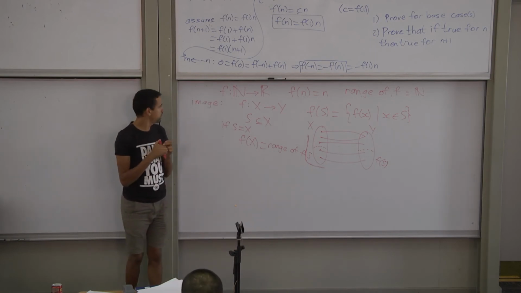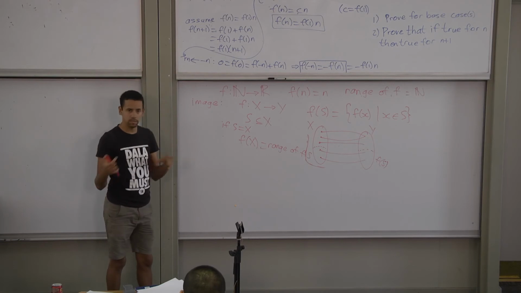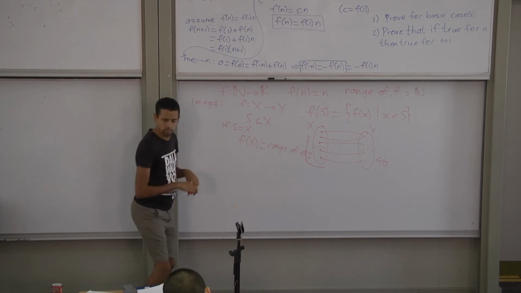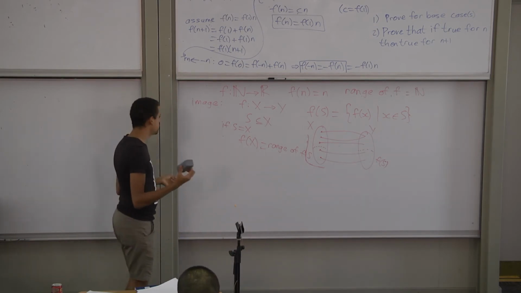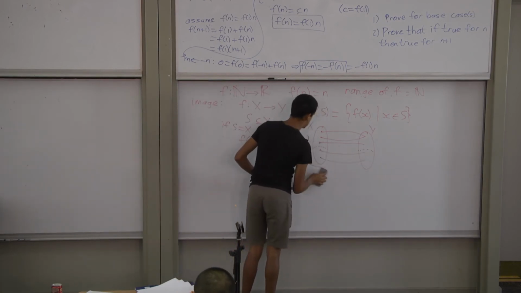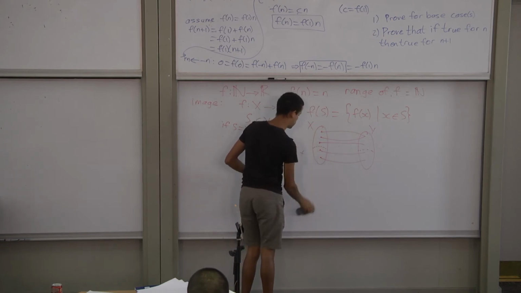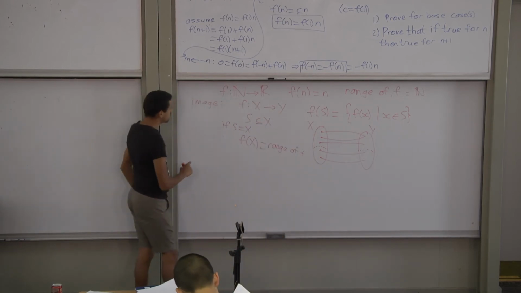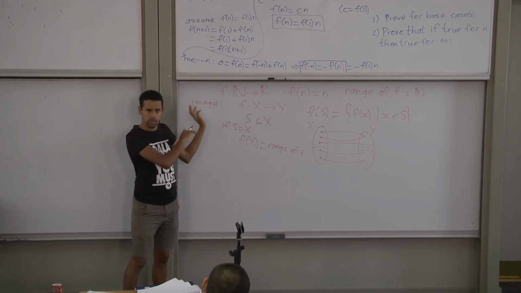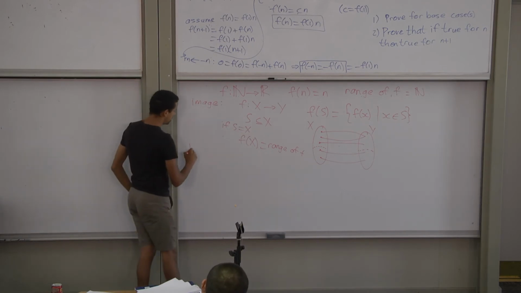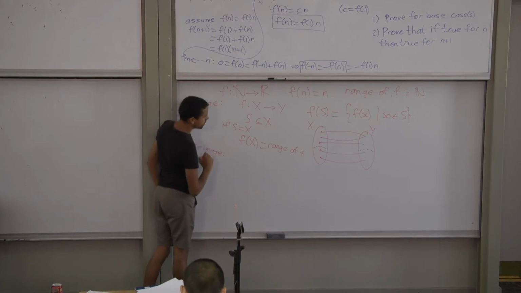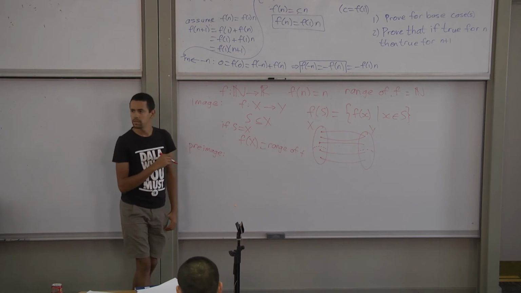Okay, and together with the image of a subset of a domain, we also have something called the pre-image, or inverse image, some people call it. I'll call it pre-image. So for the image, you take the subset of the domain and you see what it gets mapped to. For the pre-image, you take a subset. Someone give me a letter.